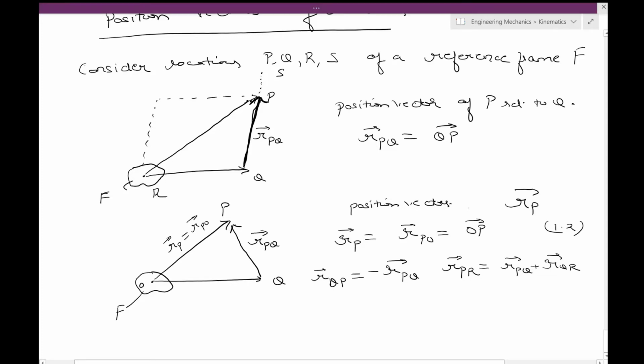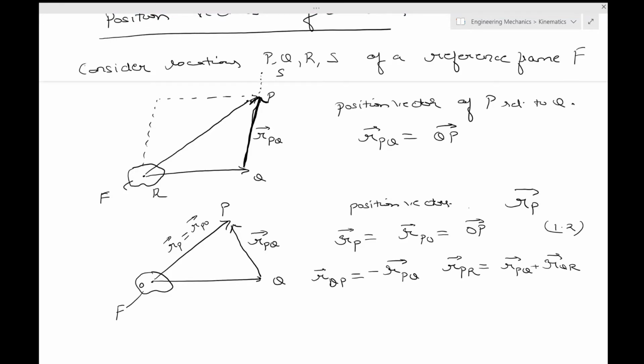If you look at this particular triangle, RPR, which is P with respect to R, will be equal to RPQ, this one, plus RQR, which is this one.